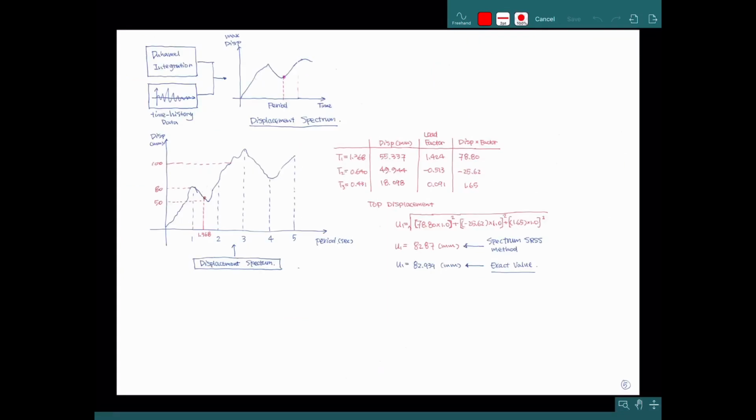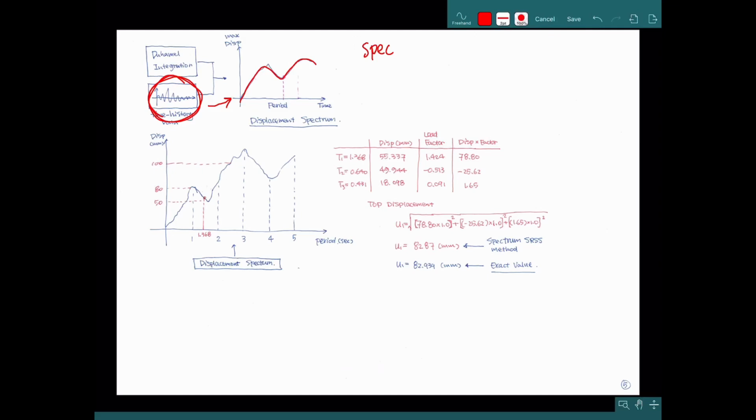Okay, the next one. If we don't have time to calculate the time history, we can also use a spectrum to compute the maximum displacement. For example, when we have a time record, we can transfer it to a displacement spectrum like this shape.